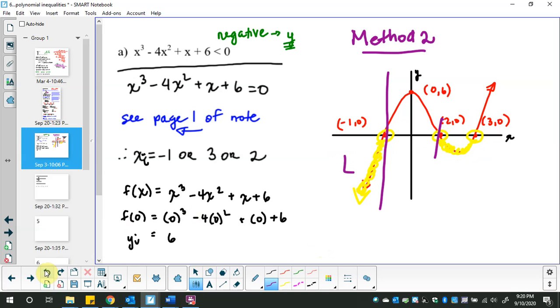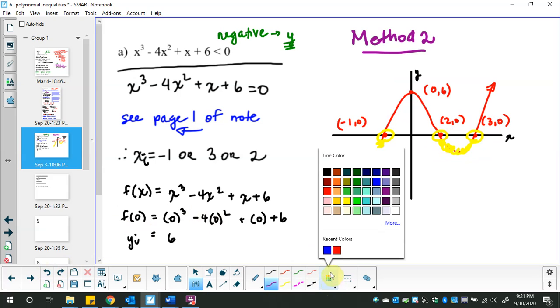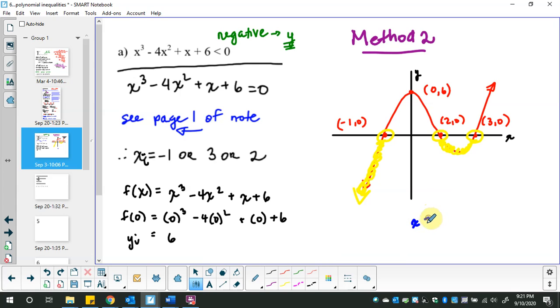So what I can do is I can totally cheat, and I can bring over, or in my case I can copy, the fact that x is less than -1 or between 2 and 3, and I can put in all the set stuff that I'm responsible for.